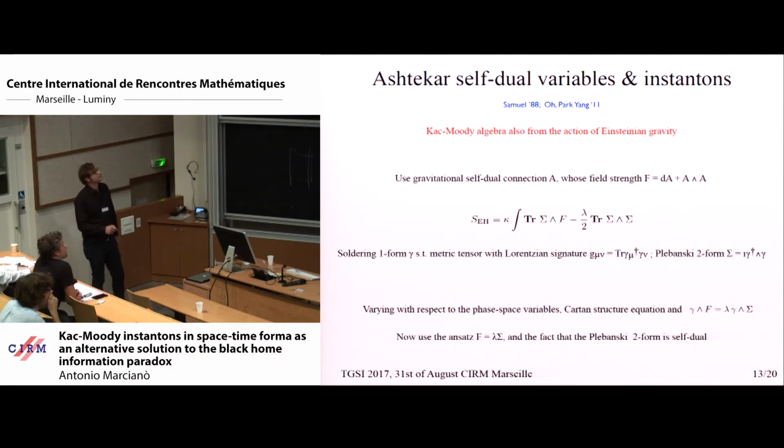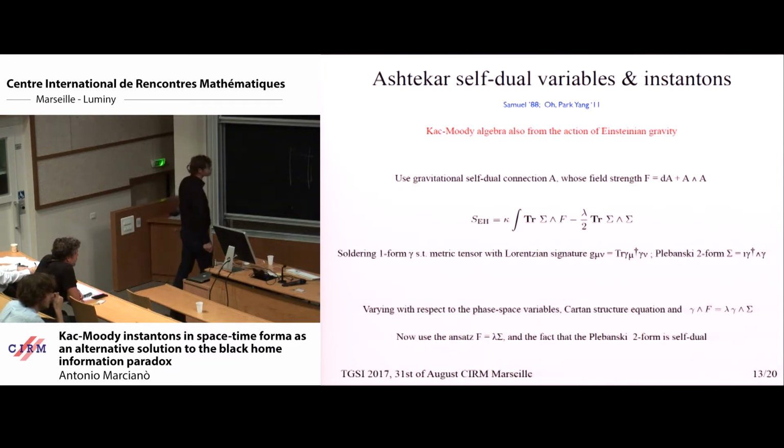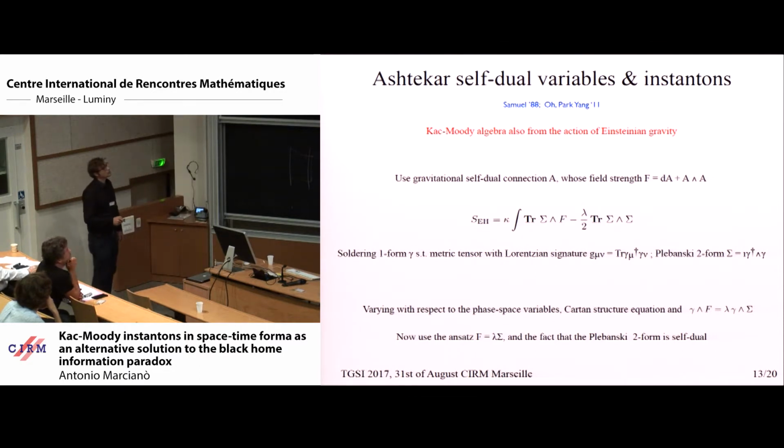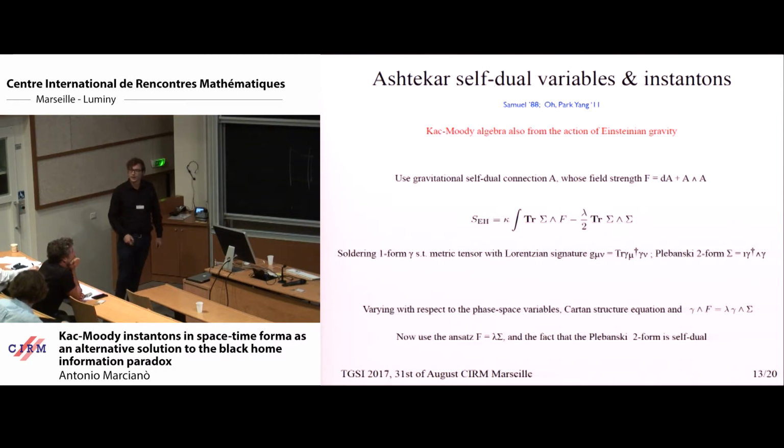F is the field strength of this self-dual connection, and through an ansatz that relates sigma to F, you can vary with respect to the connection, and you will find again the Gauss constraint, so the covariant derivative of sigma to be 0.